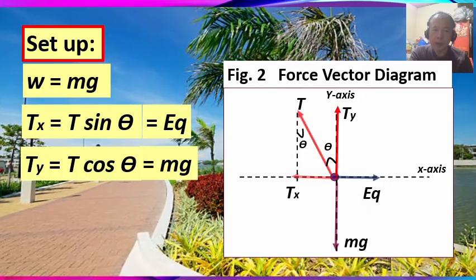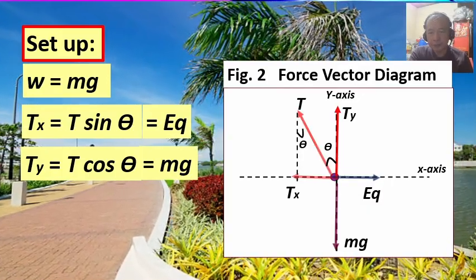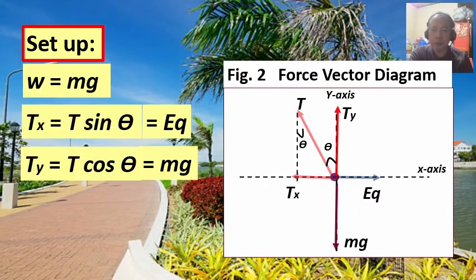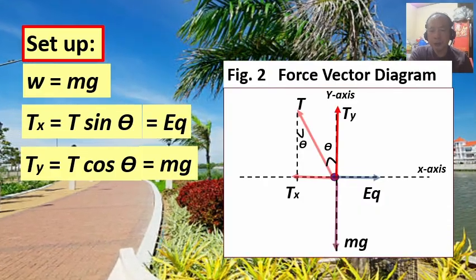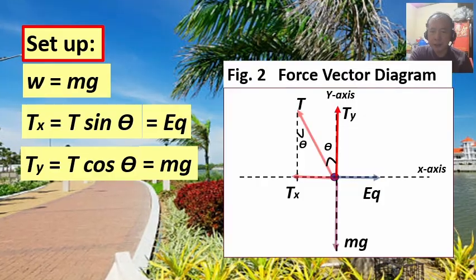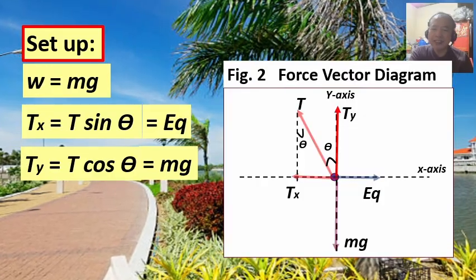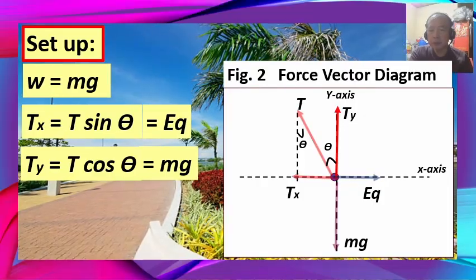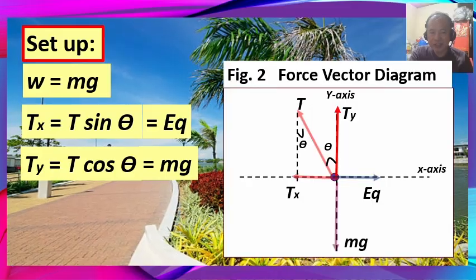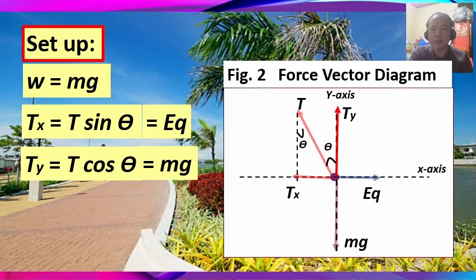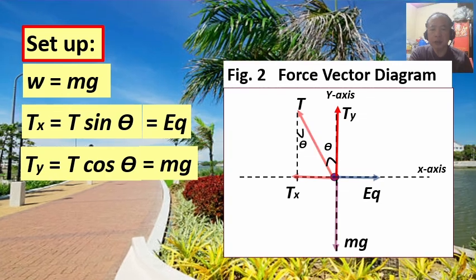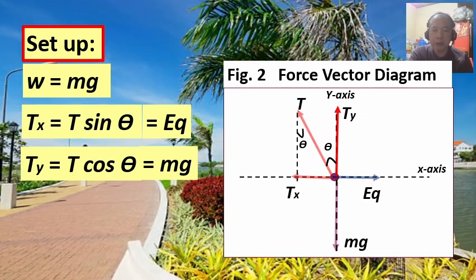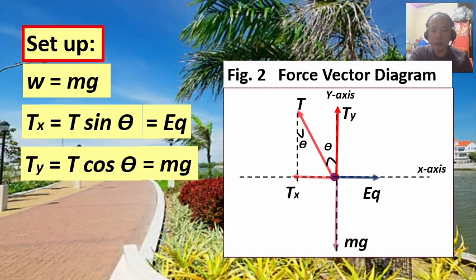So our goal at this point is to come up with a mathematical expression for the uniform electric field between the two charged plates, right? So we have these two equations, Tx equals E times Q, and Ty equals mg.